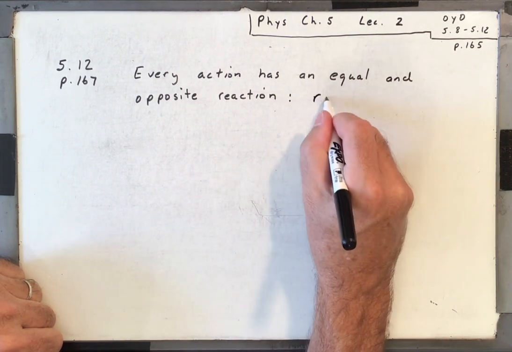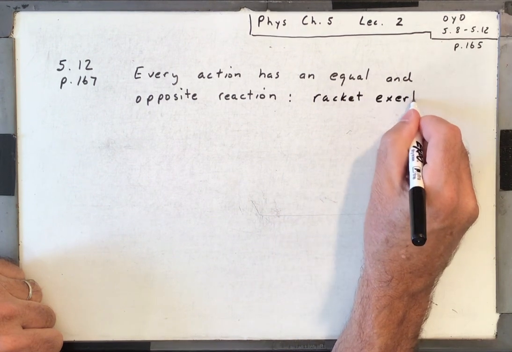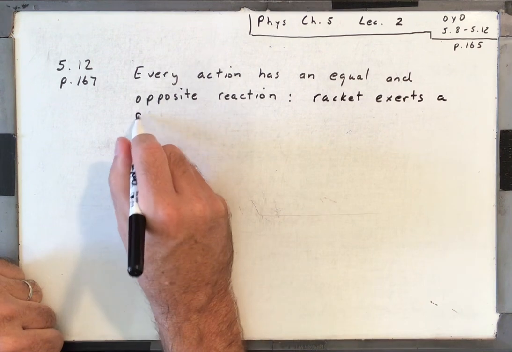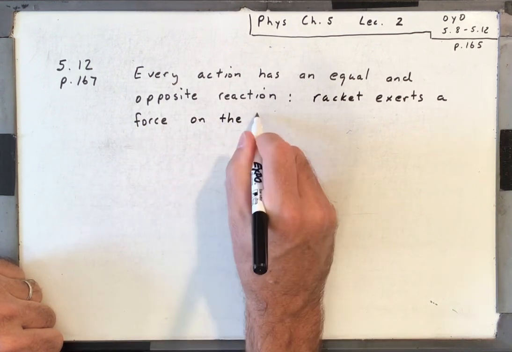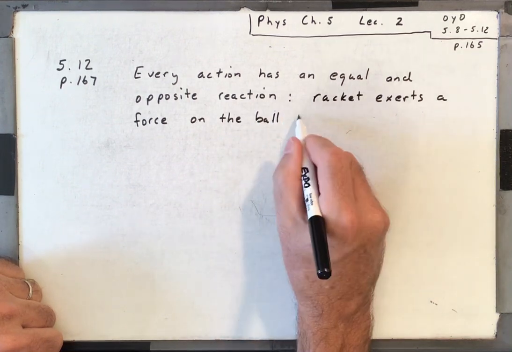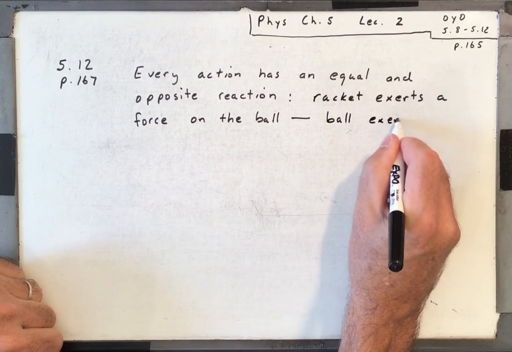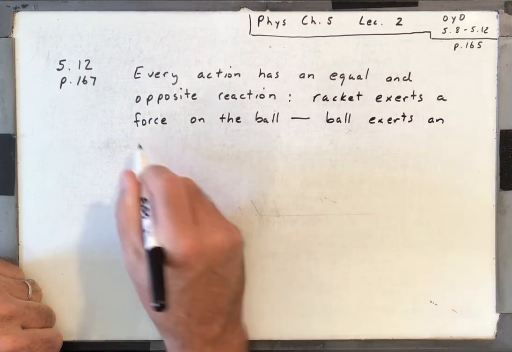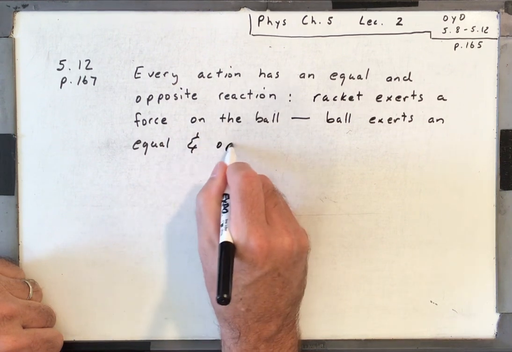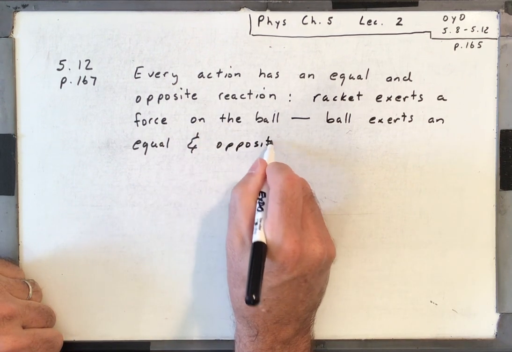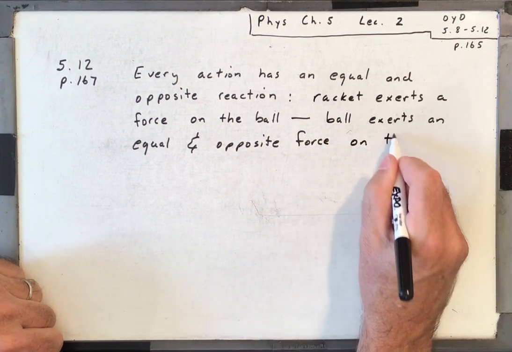The racket exerts a force on the ball, and then the ball exerts an equal and opposite force on the racket.